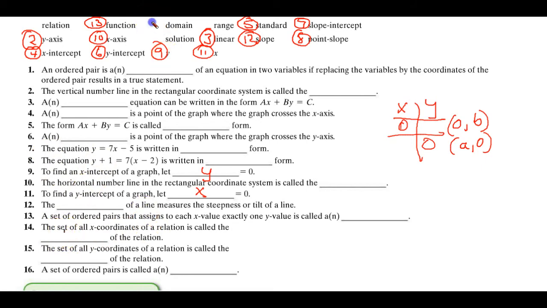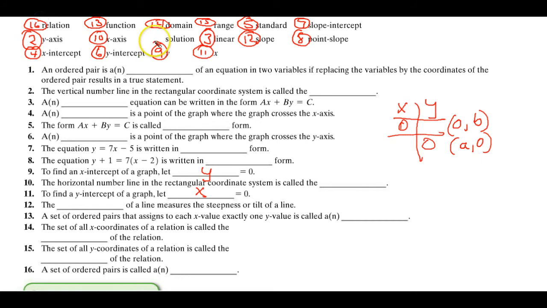That's 14. The set of all y coordinates is a range. There it is, 15. And a set of ordered pairs is called a relation. All right, that's good.